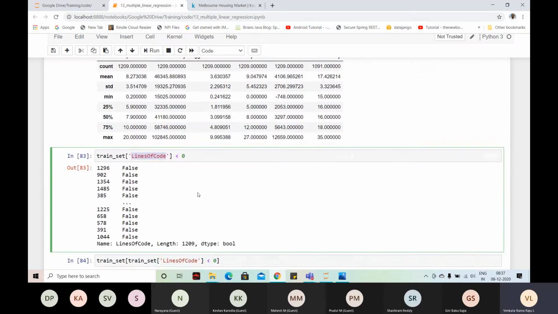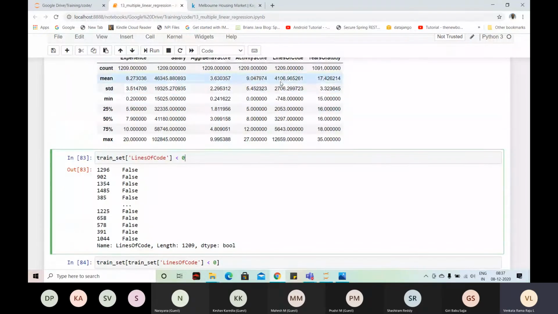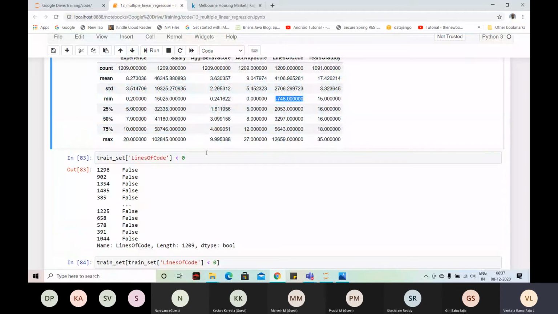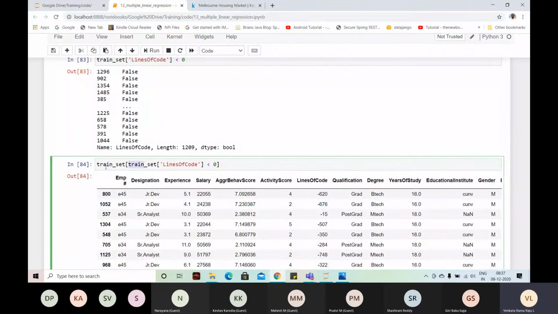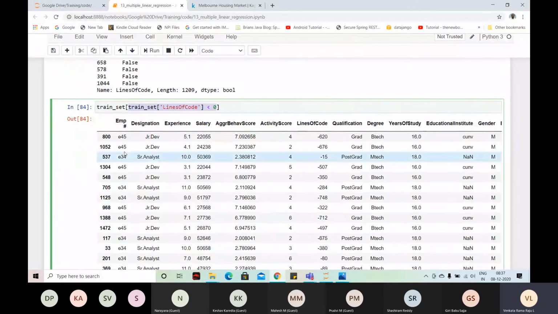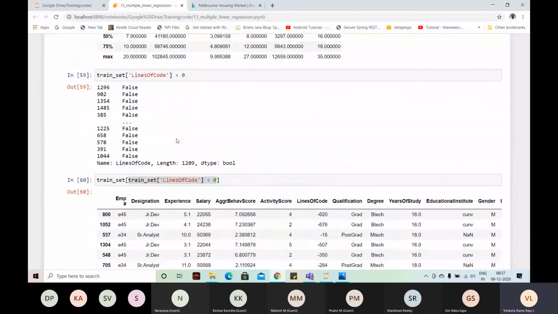So I took lines of code and I'm trying to filter the records which have got a score less than 0. I kept less than 0 here and got a series object with falses and trues. Now I am filtering the data frame. I took the data frame and applied this filter. Wherever it is true, only those indexes will be shown.